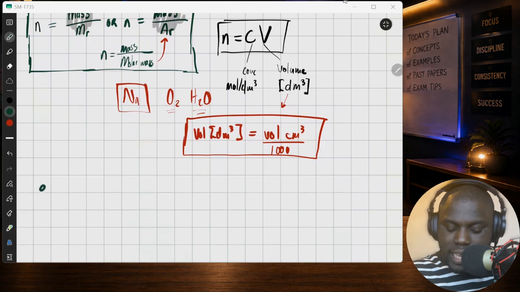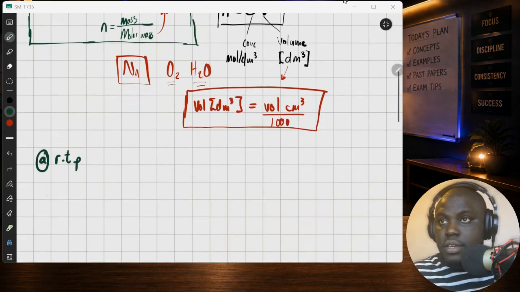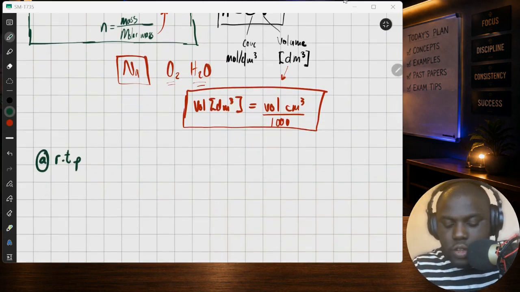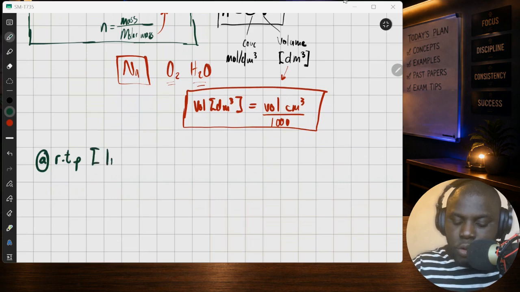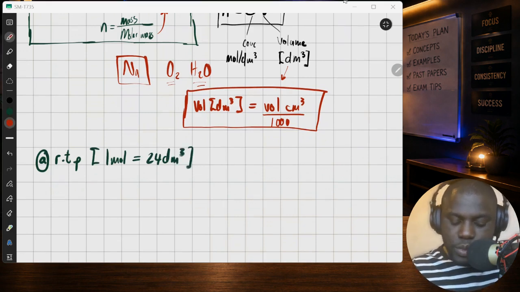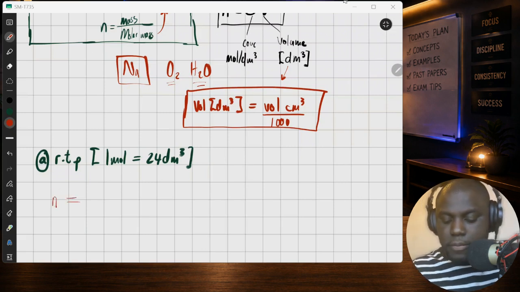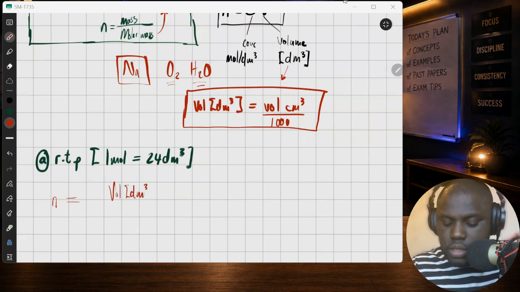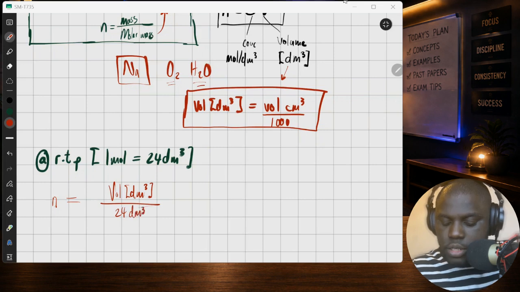You should know that at RTP, 1 mole of any gas has a volume of 24 dm cubed. So we say at RTP, number of moles is volume in dm cubed divided by 24 dm cubed.